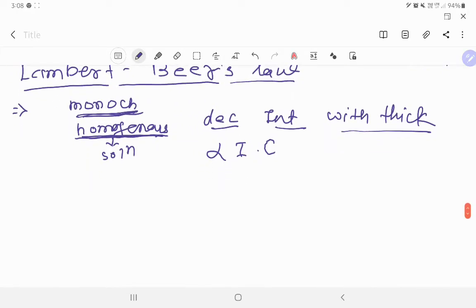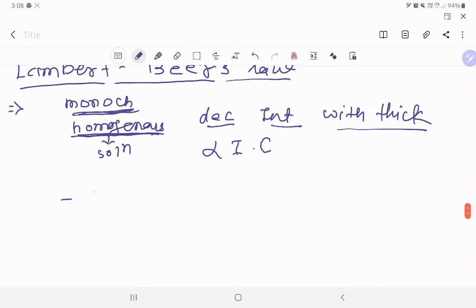Okay. Mathematically, how will you write? Minus dI by dx is proportional to I as well as C. I is the intensity of incident radiation and C is the concentration of solution. Okay, now state this law again.